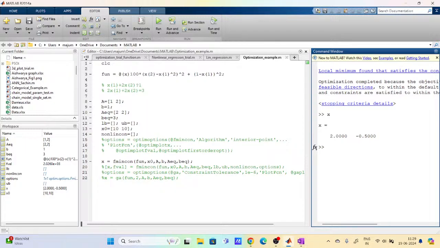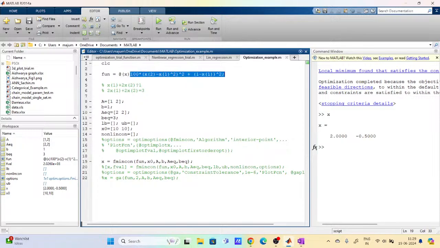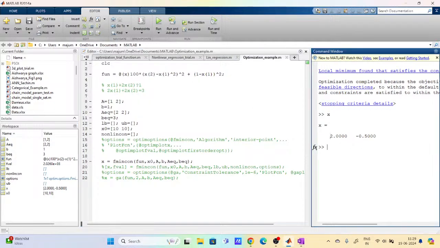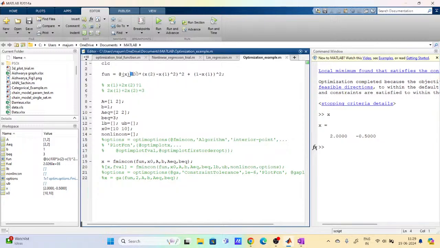The function is 100 into (x2 minus x1 square) whole square plus (1 minus x1) whole square. Put the x1 and x2 values in this function and tell me. Write down in the chat box.